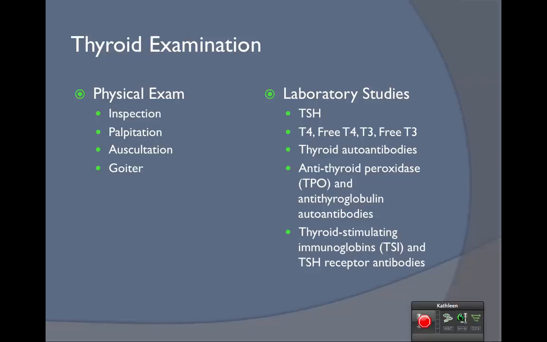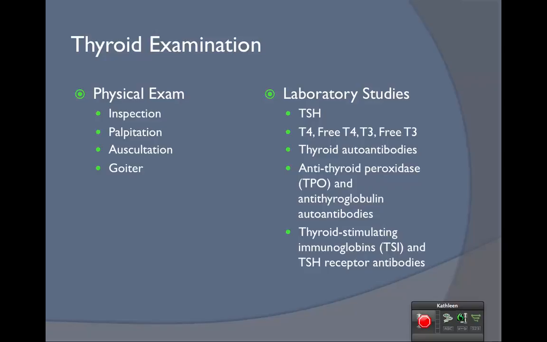You want to get a free T4 and a free T3. Depending on what the presentation is, you want to get thyroid autoantibodies. Not on everyone. You want to get anti-thyroid peroxidase, TPO, and anti-thyroglobulin autoantibodies. You might need to get thyroid stimulating immunoglobulins, TSI, and actually TSH receptor antibodies.